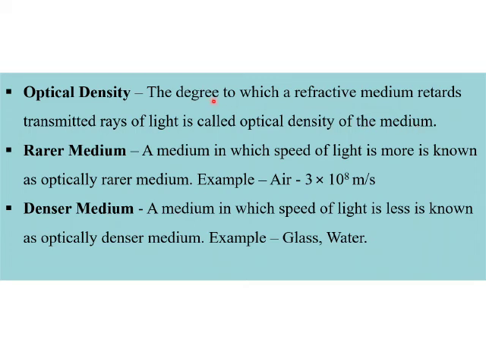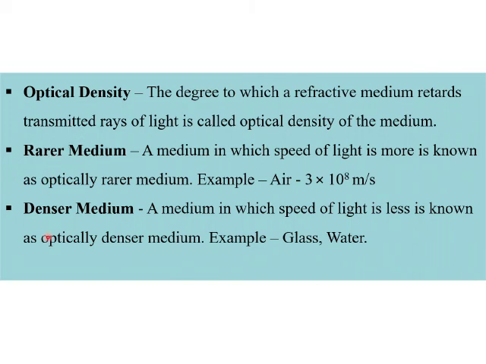Here the degree, or we can say the extent to which a refractive medium, such as air, water, glass, the various refractive or transparent mediums, retards, that is slows down or changes the speed of the transmitted rays of light, is called optical density of the medium. Or in other words, we can say that optical density is the measure of the speed of light in any medium.